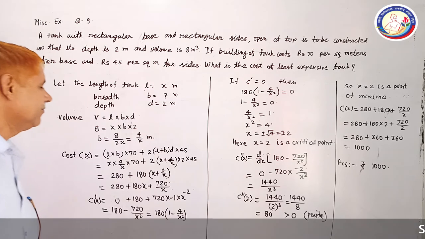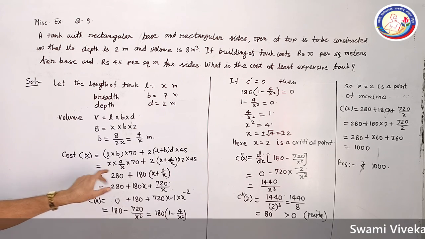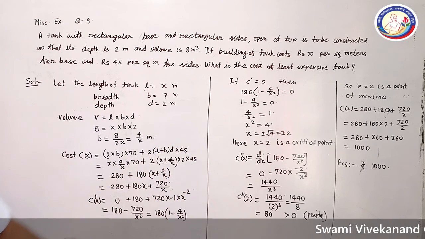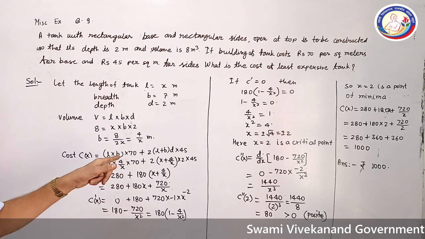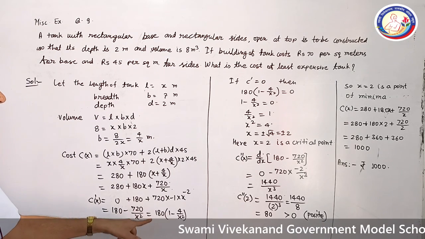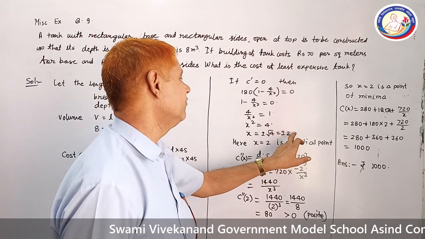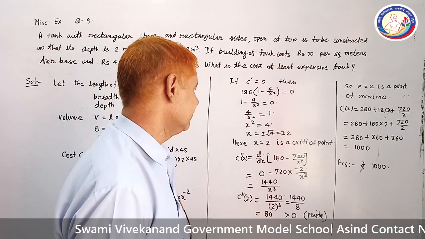See here, first of all, find a cost function using the geometry or the theory of mensuration for a cuboid. Then find the first derivative and put it equal to 0. We found two values, x equal to 2 and minus 2.